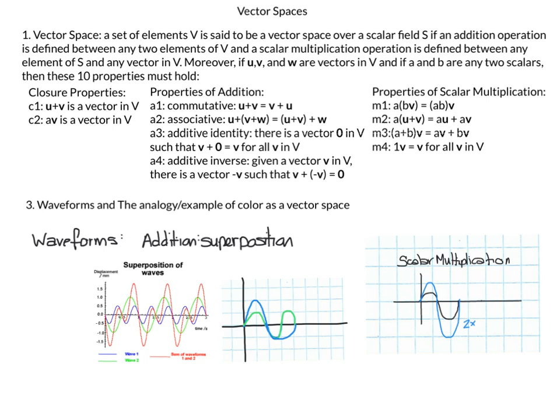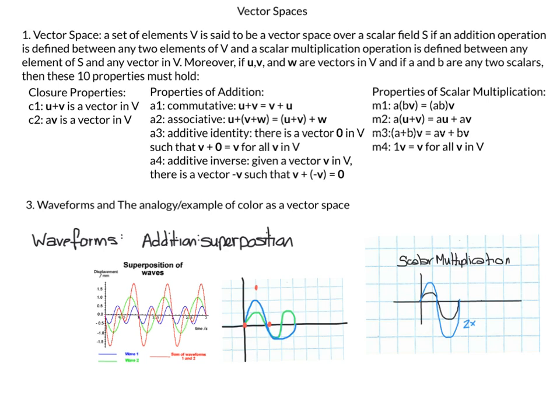In other words, here at x equals 0, both the blue and the green waveform have a y value of 0. So our addition will start at 0. Over here at x equals 1, the green waveform has a value of 1, whereas the blue has a value of 2. So we add them together so that our resultant vector is going to be at 3. At x equals 2, we're both back at 0.